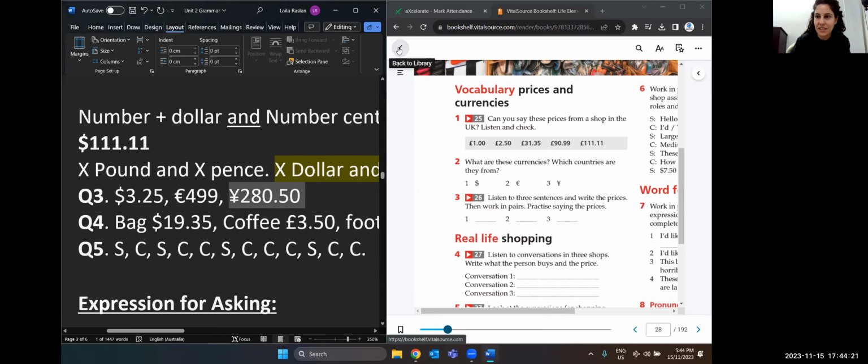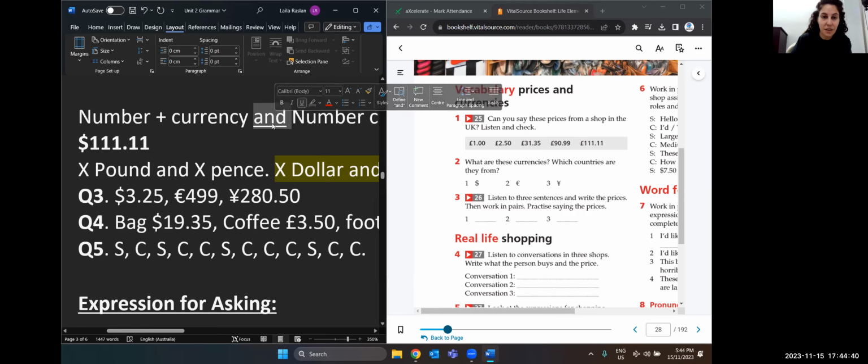Okay, so that's the numbers we should hear. That's how we write them, but how we say them is like what I said before. You need to say the number first, and then the currency. Depends what the currency is. And then if some have cents. But in yen, I guess it's 280 yen and 50, full stop.